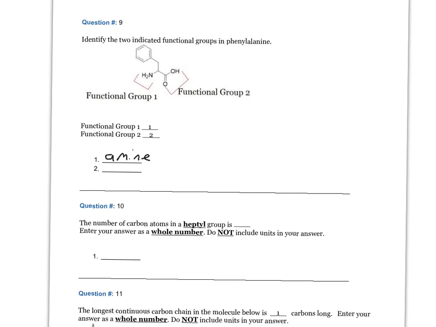It's a little tricky, but the nitrogen is bonded to a carbon. It is not directly bonded to a carbonyl. The carbonyl is one position away, so it's an amine. Functional group 2: a carbonyl with an OH group next to it, that is a carboxylic acid.